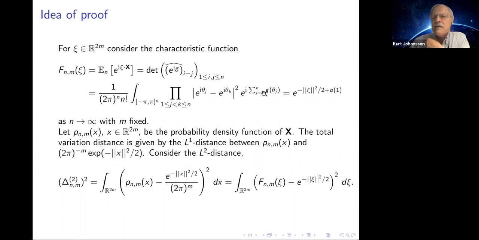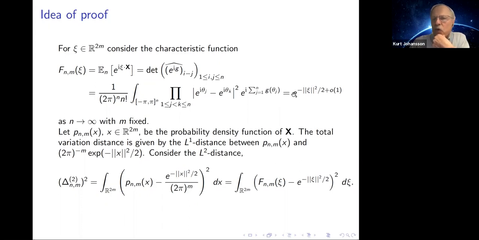What we expect from the fact that the moments are close, like Diaconis and Johansson, is that when xi is not too large, this little o(1) is very small, so you're close to this limit.